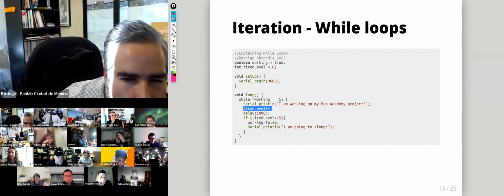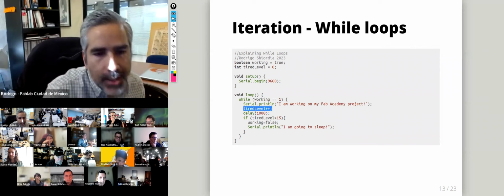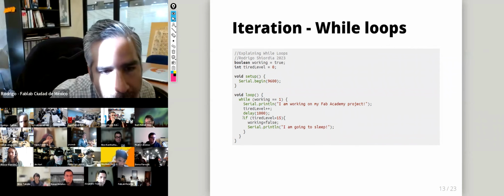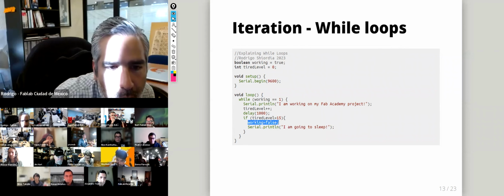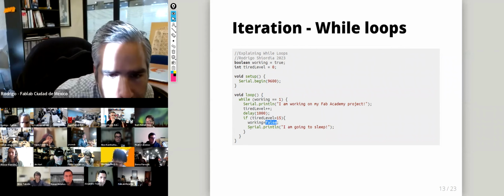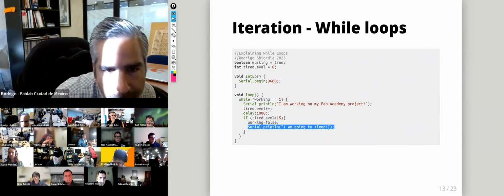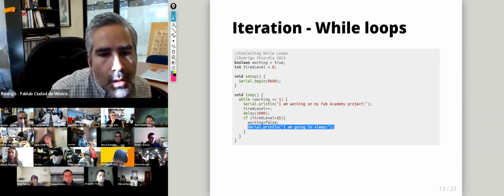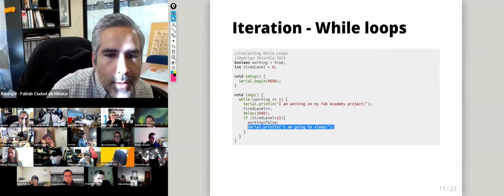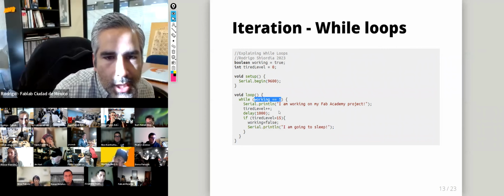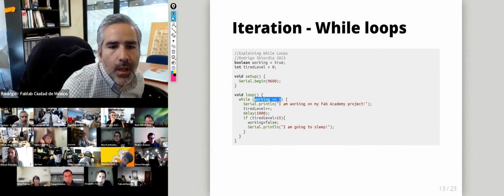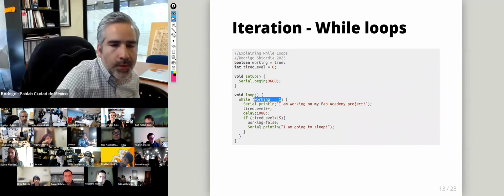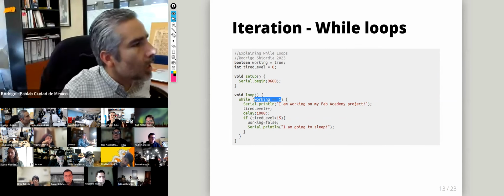So let's just add 1 to my tiredness level. And if I go up to 15 on that variable, then working will be false, and then I'll print I'm going to sleep. So the next time that it wants to execute the while loop, it'll do this check, but working now is equivalent to 0, so this will be false, and you won't keep on executing that.